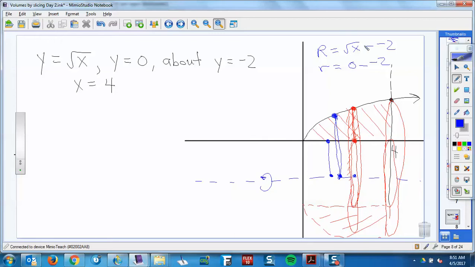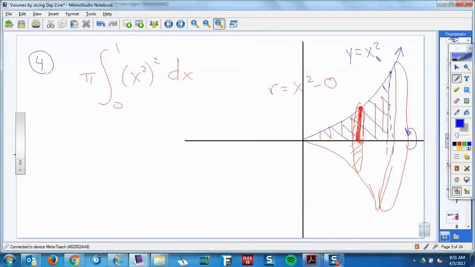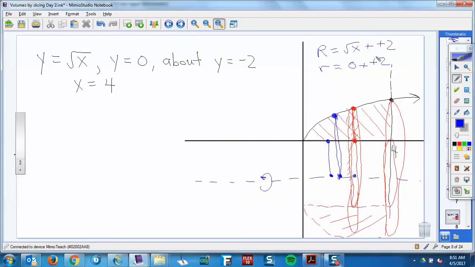Now, clearly, I can simplify those a little bit, but when I write them down, you're going to see me always write top minus bottom. You might have been wondering on these other problems why I kept writing minus 0, minus 0. Because I'm reminding myself, it's top minus bottom, it's right minus left. So here I've got top minus bottom.